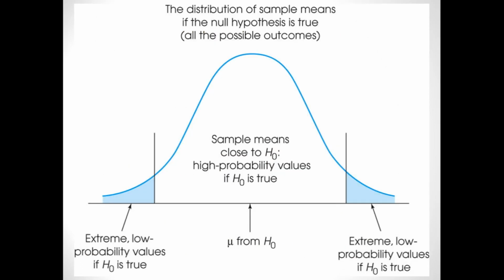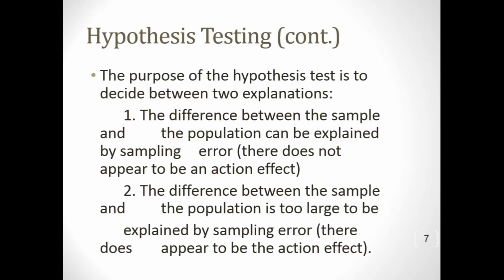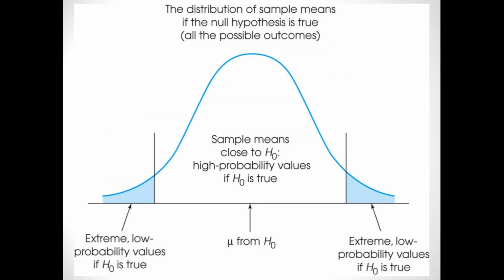This illustration shows you a distribution of the mean of our population, and in the hypothesis test it will be necessary to use extremely low probability values if H0 is true. So the distribution of the sample mean, if the null hypothesis is true, is shown in this graph in front of you.